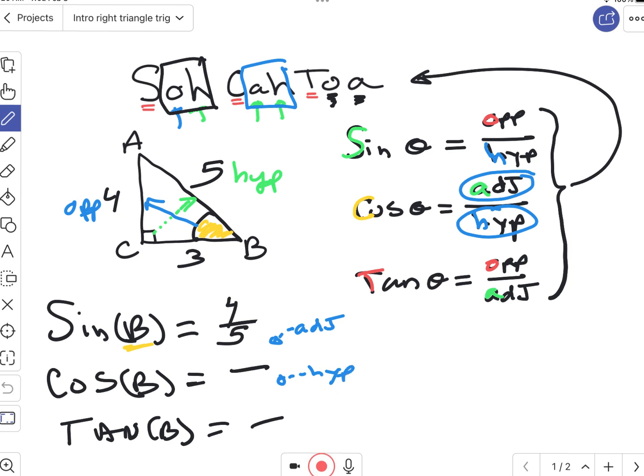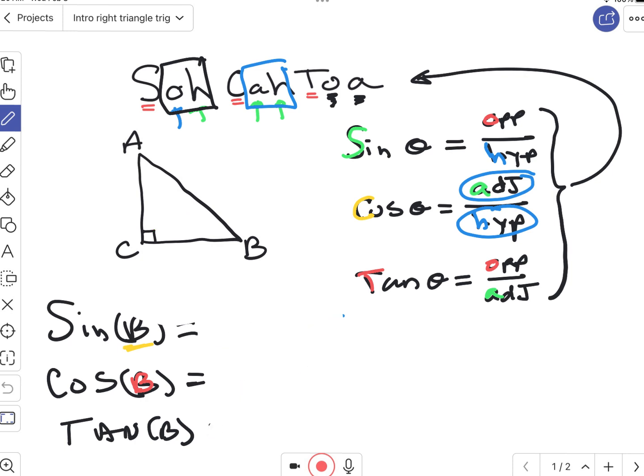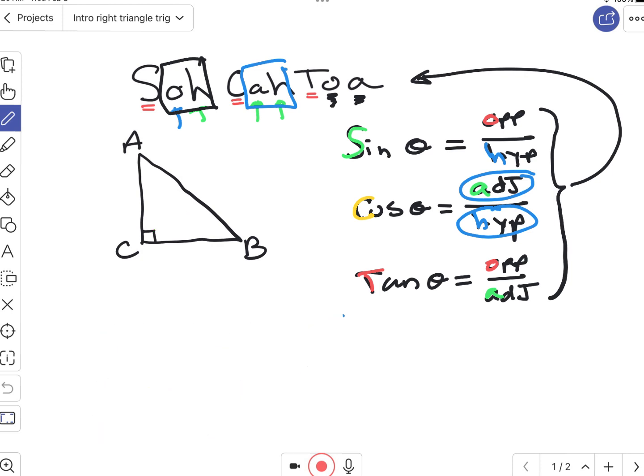So isn't 3 the adjacent side to angle B? Because remember, we're looking at angle B. So 3 would be considered the adjacent side, and 5 is the hypotenuse. Tangent B. Let's clean this up and look at tangent B.